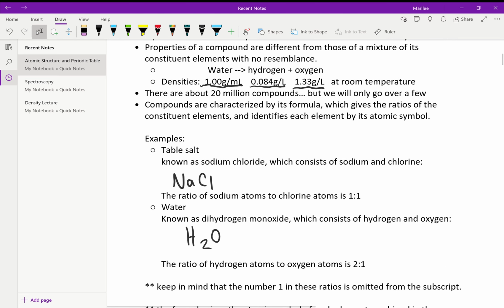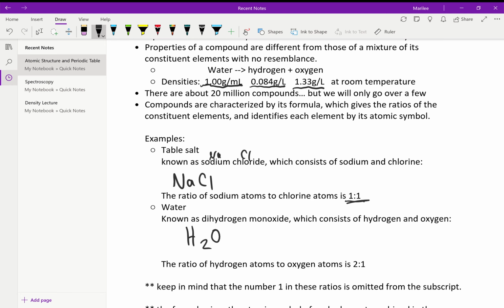So we have table salt again, NaCl. Table salt is also known as sodium chloride. Sodium is Na, chloride is Cl. So we see that we have one Na, sodium, and one Cl, chloride. So the ratio of sodium atoms to chlorine atoms is 1 to 1.